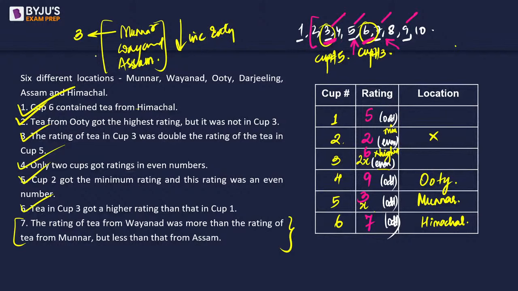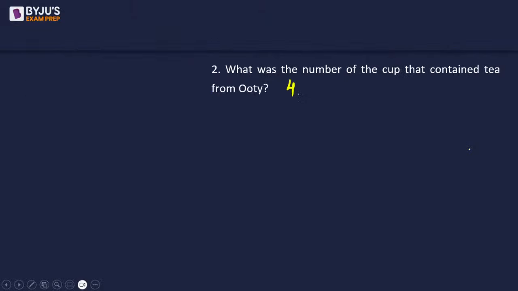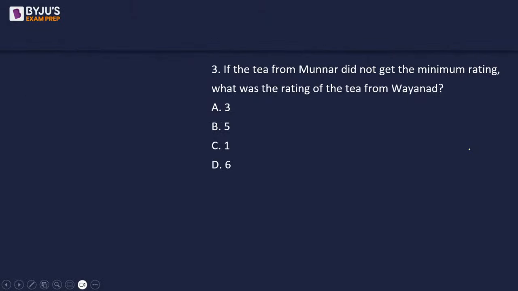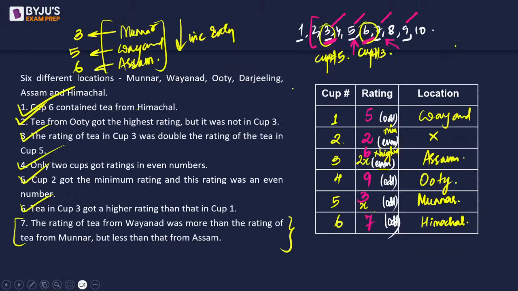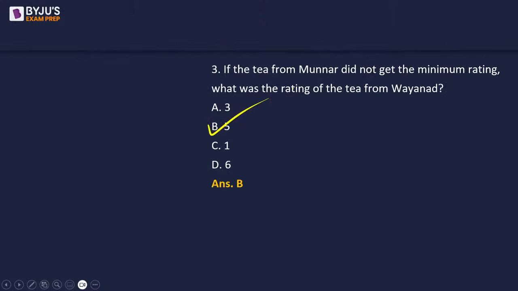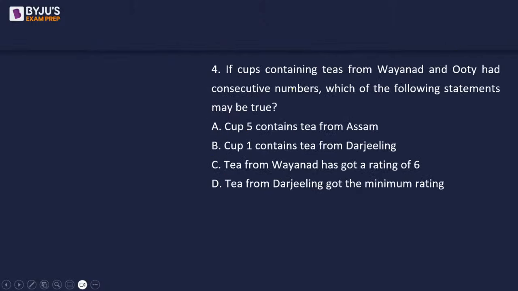So 5 and 6 if we need, then 5 goes to Wayanad and 6 goes to Assam. So this turns out to be Wayanad and this turns out to be Assam. So the question asked to us is, what is the rating of tea from Wayanad? It is rating 5, cup number is 1, right? So answer is B. Next.